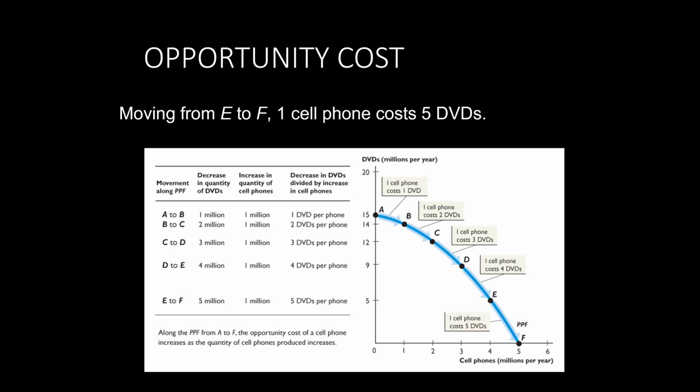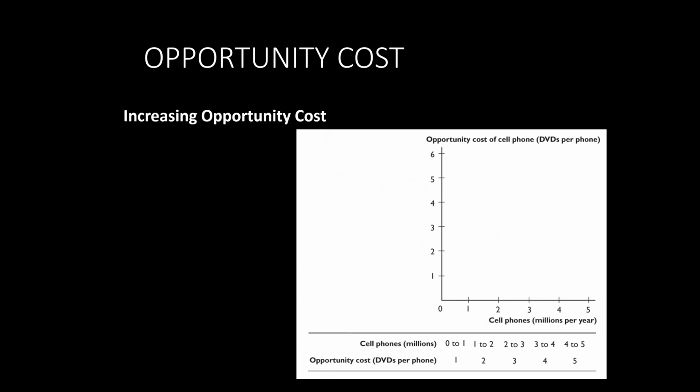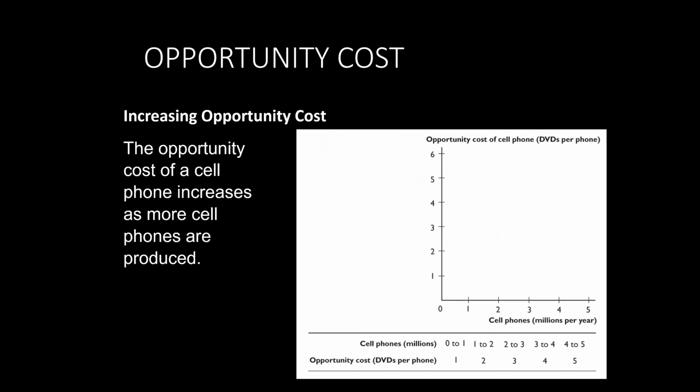You must have noticed that as we move from the production of DVDs to the production of cell phones, our opportunity costs are increasing. This can be shown by this diagram. When the production of cell phones is equal to 1 million, the opportunity cost is 1.